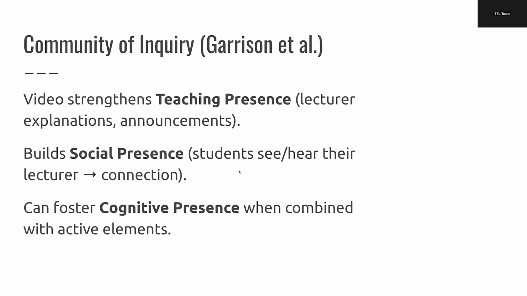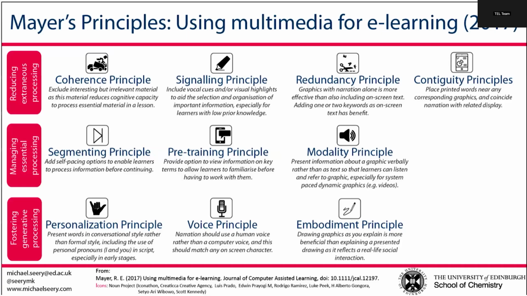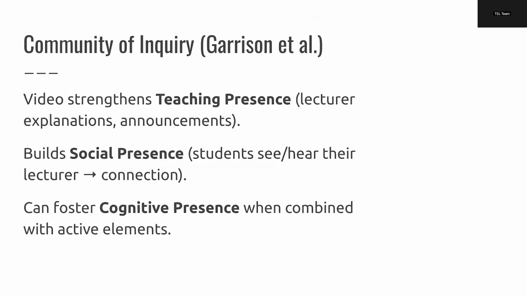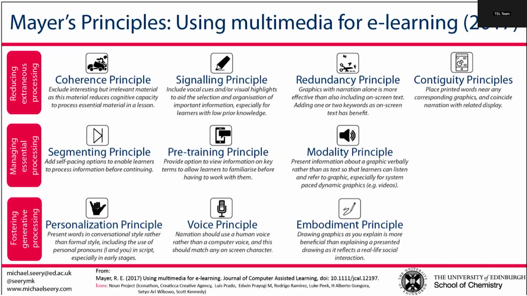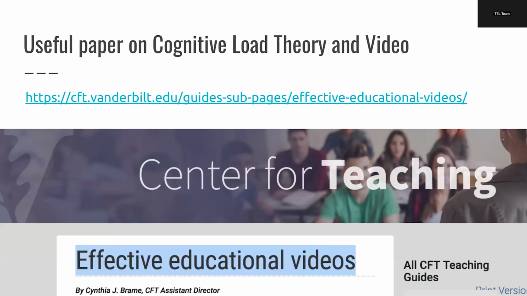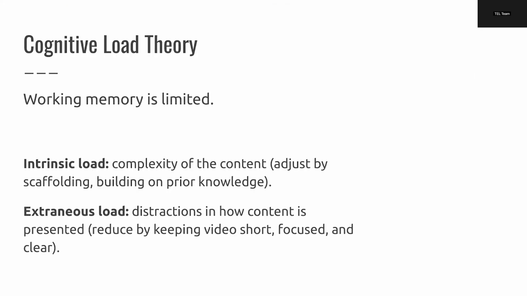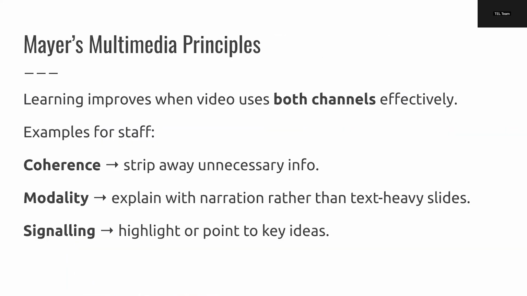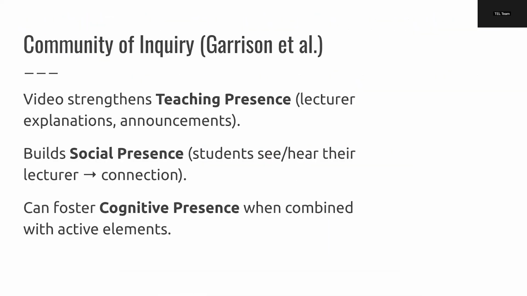So together, these three theories, community of inquiry, which looks at teaching presence, social presence, and cognitive presence, Mayer's principles, and cognitive load theory. This isn't an exhaustive list, but they are, I think, the most relevant in terms of video and multimedia content that you can look at. They help us to think about how to keep our videos shorter, clearer, and, I suppose, just more human, readable, and interpretable.